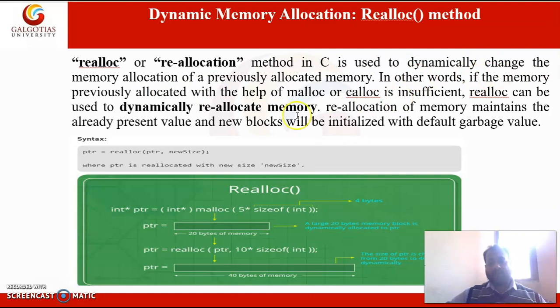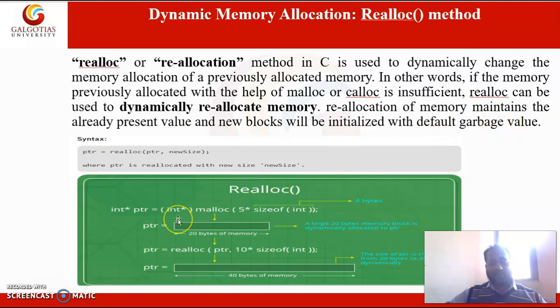In other words, if memory previously allocated with malloc or calloc is insufficient, then we can reallocate using the realloc method. Reallocation maintains the already present values, and new blocks will be initialized with garbage values.